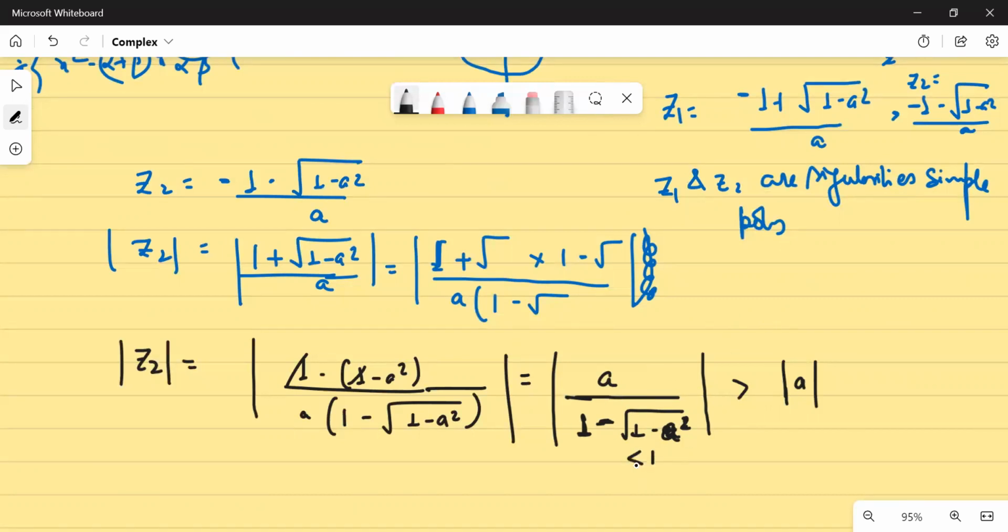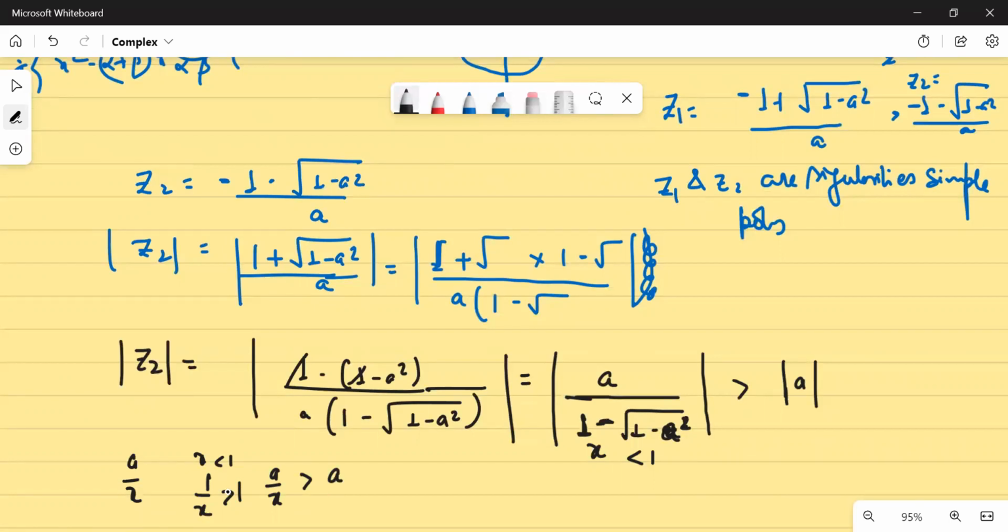If something is less than 1, think about it yourself: say it is 1/2, then the overall value becomes 2. Say this is x; I'm saying a divided by x, where x is less than 1. If x is less than 1, then a by x is greater, and 1 upon x is greater than 1. This is what I'm trying to say.